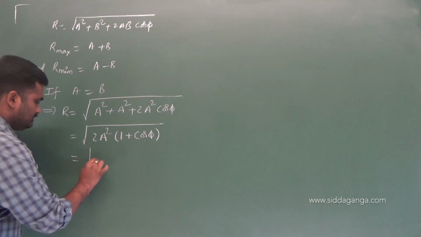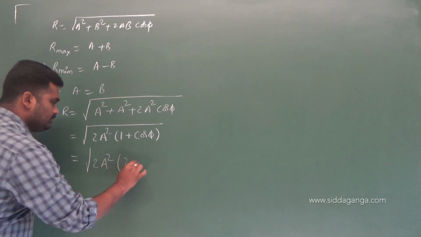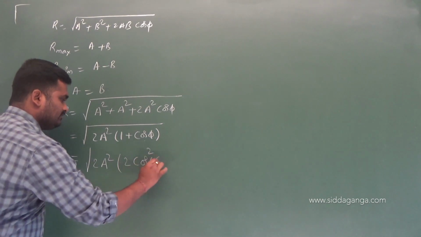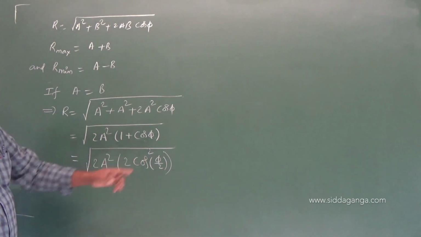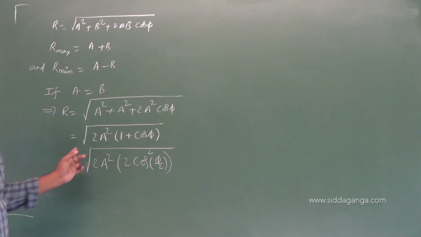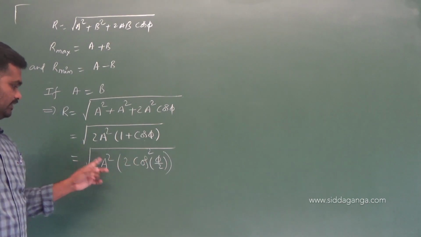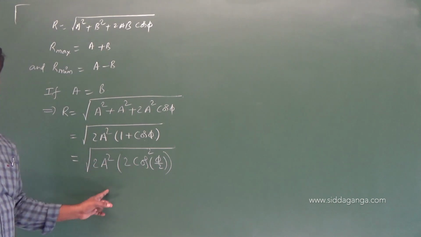If I rewrite, this is 2A square into 2 cos square phi by 2. Taking the root of it, what you will get? 2 twos are 4, take out of the root you will get 2A cos phi by 2.